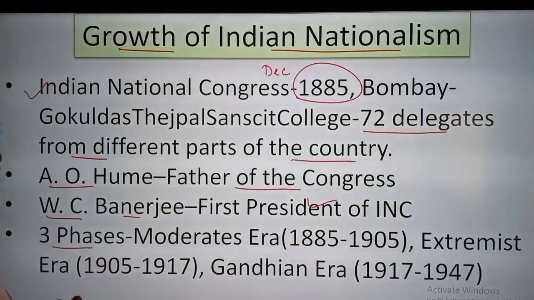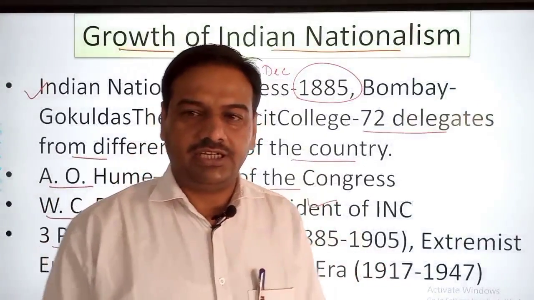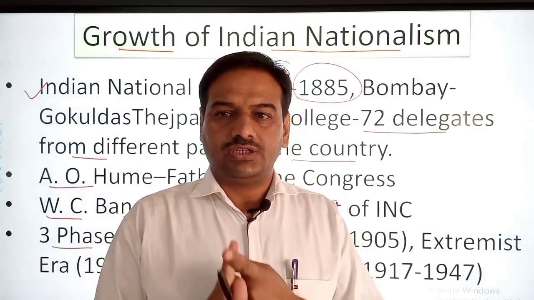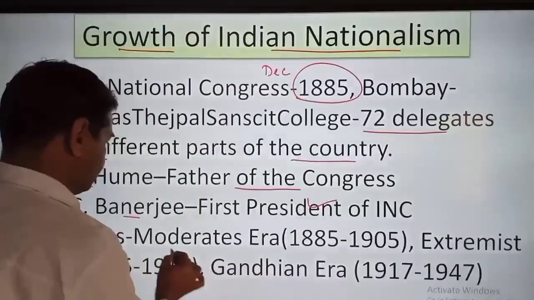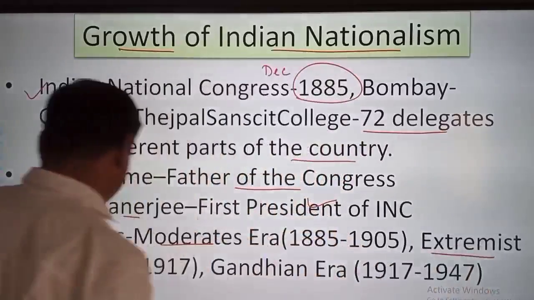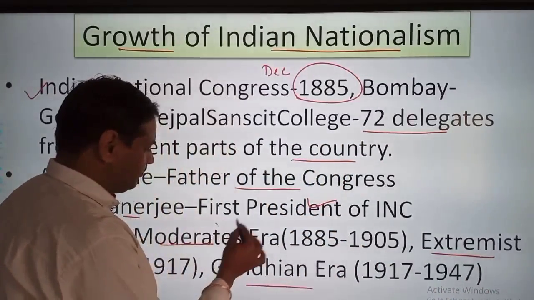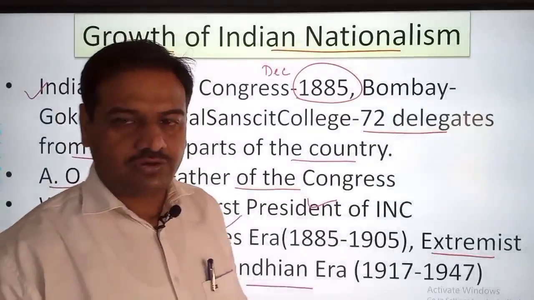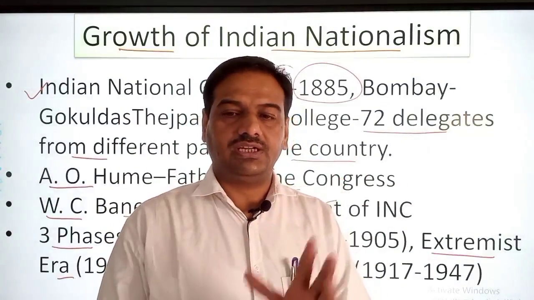Three phases have been observed by the INC, the Indian National Congress, and these three phases were the phases of the moderates, then the extremists era, and then the Gandhian era. The earlier members of the Congress used to be very loyal to the Britishers. They were moderates, they were liberals.